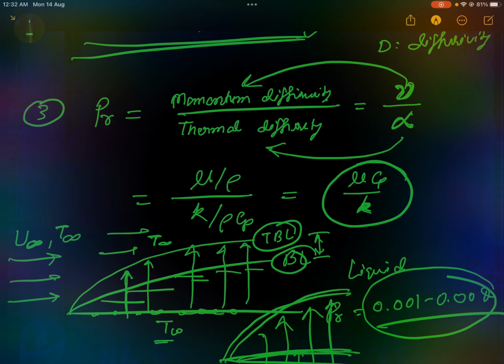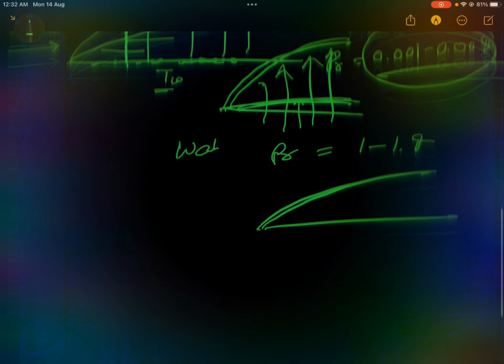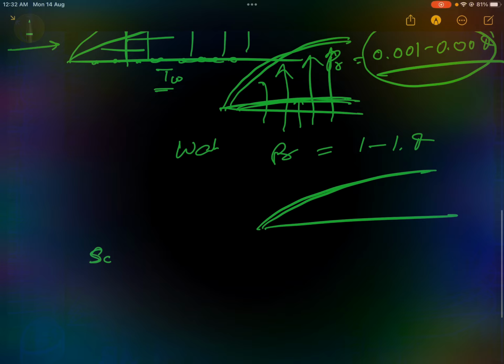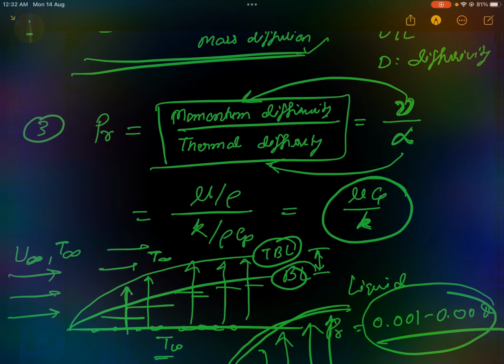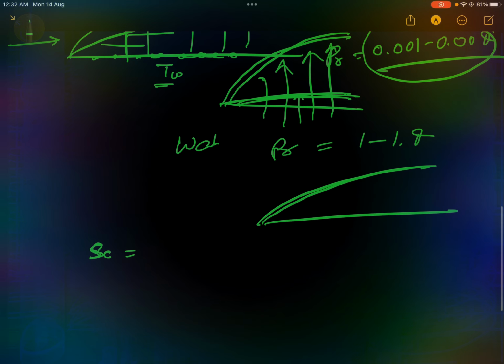Likewise, similar to the Prandtl number, there is one more number used in mass transfer, called the Schmidt number, denoted by Sc. As we know, the Prandtl number is the ratio of momentum diffusivity to thermal diffusivity, and the Schmidt number is the ratio of momentum diffusion to mass diffusion.